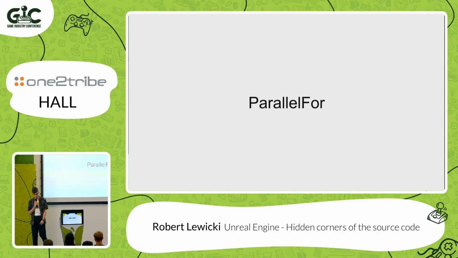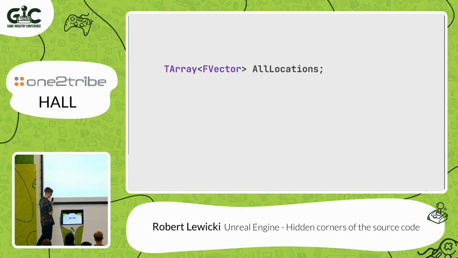Now, next point is ParallelFor. I would like to present you again an example of code that doesn't use ParallelFor, and then how easy it is to modify the code to run it in parallel. So we create a declaration, and we get an array of a lot of locations. Imagine this is a giant array of locations.